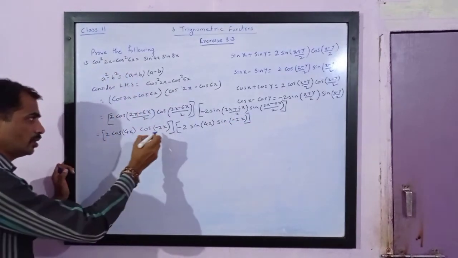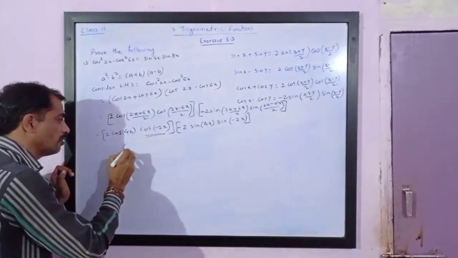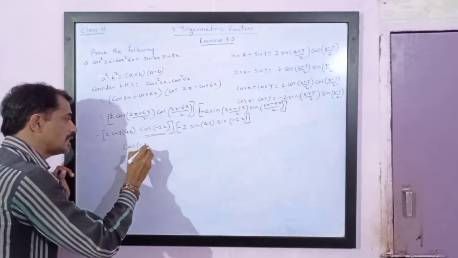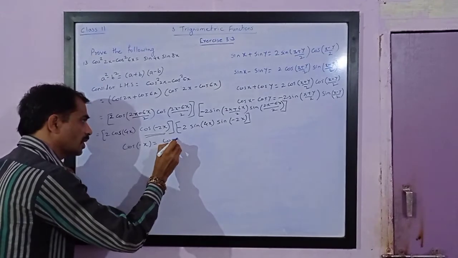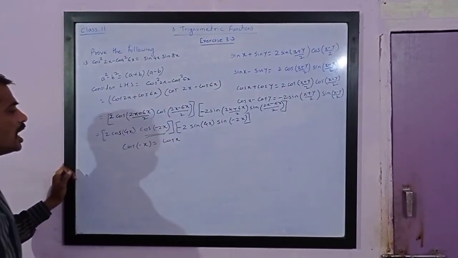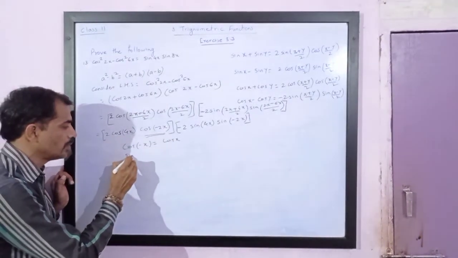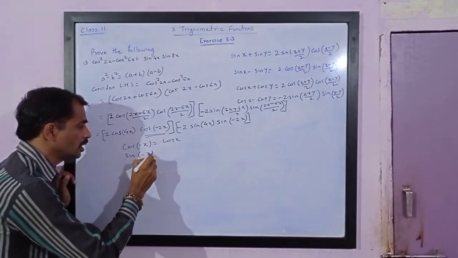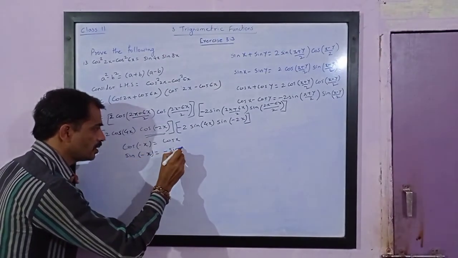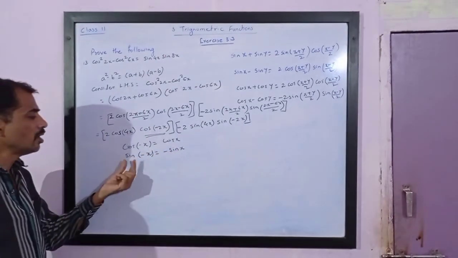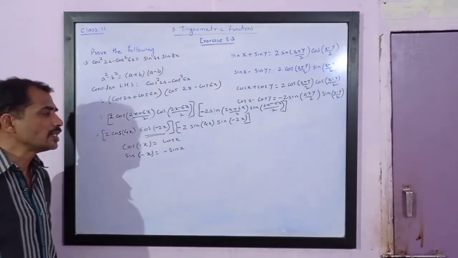Now please note, for this we have cos of minus x is equal to cos x. This identity I hope everybody remembers. And sine of minus theta is equal to minus sine theta, that is sine of minus x is equal to minus sine x.